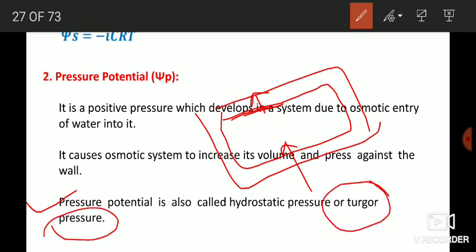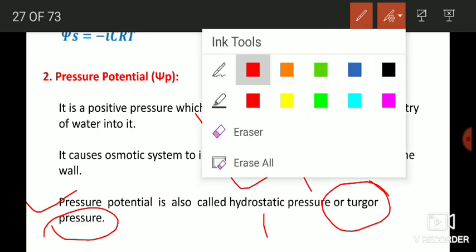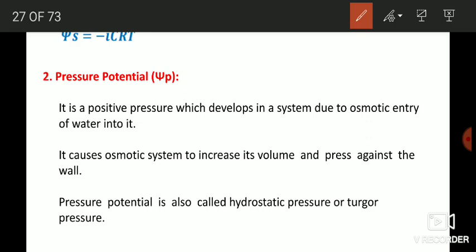The pressure a cell develops because of the osmotic entry of water is also known as hydrostatic pressure or turgor pressure. So now you know that pressure potential is a positive pressure which develops in a system when there is osmotic entry of water. So you can remember that pressure potential increases water potential.